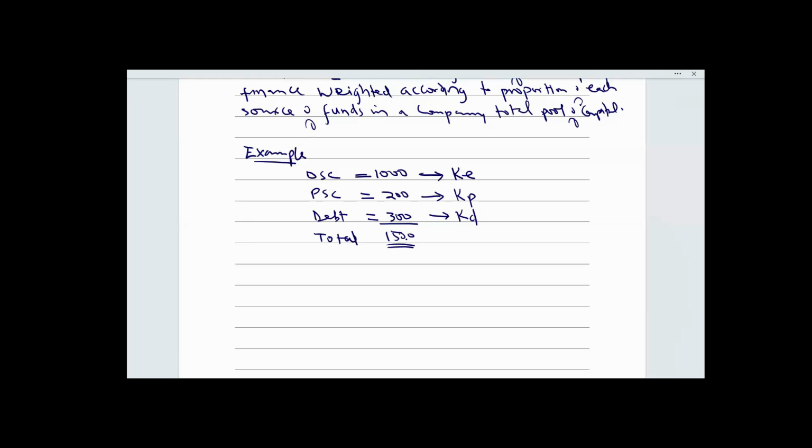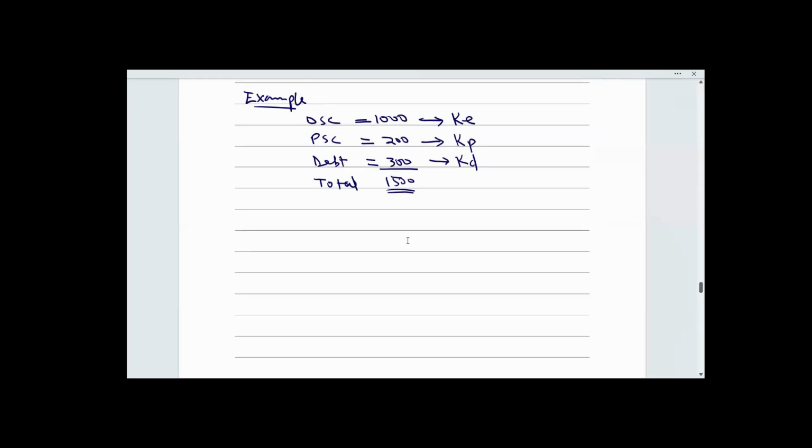What do I mean by this? For example, based on our hypothetical figures, I can then say for equity, denoted as E, all right, the proportion of equity will be 1,000 over 1,500 multiplied by cost of equity. Whatever I have, I will put it there. I will do the same thing for preference share.